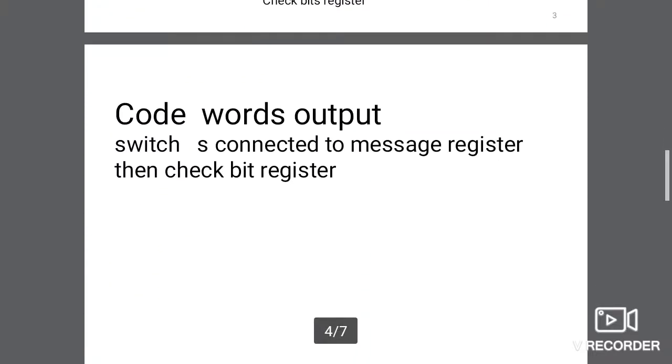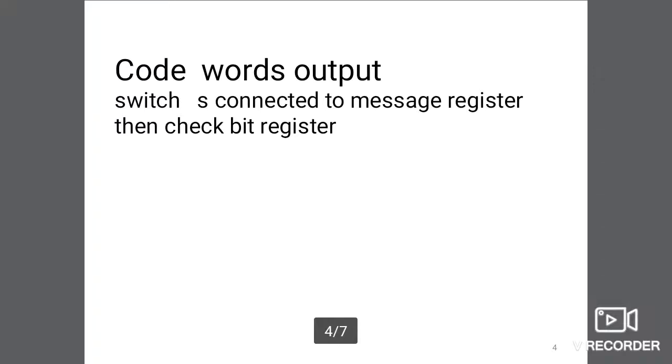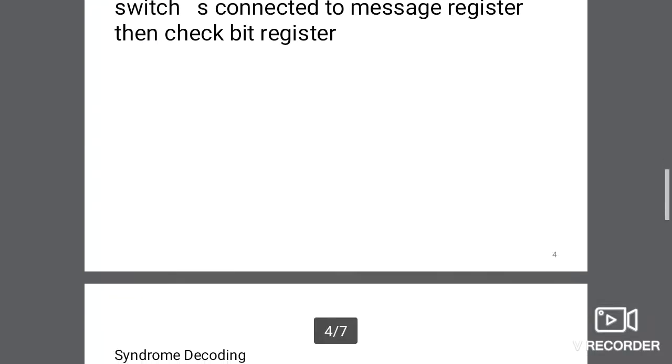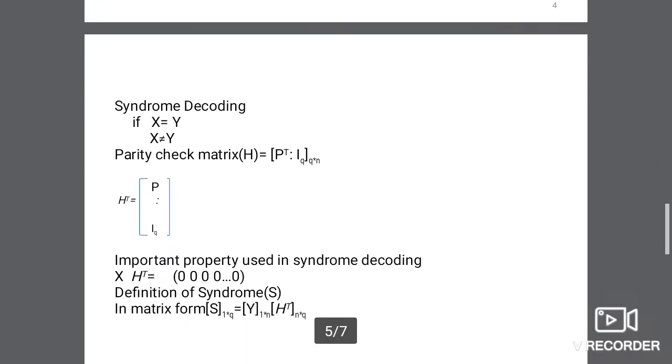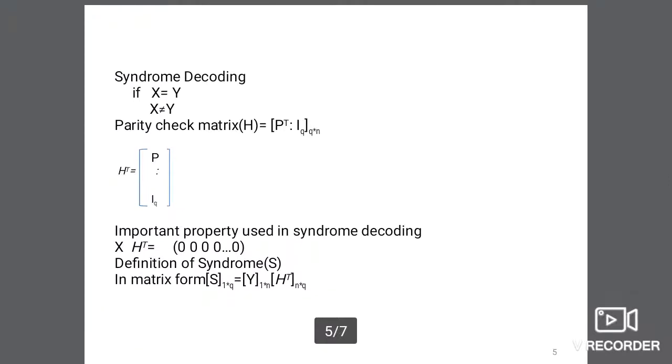Then the code word output comes through switch S, which is connected one by one to the message register and check bit register also.